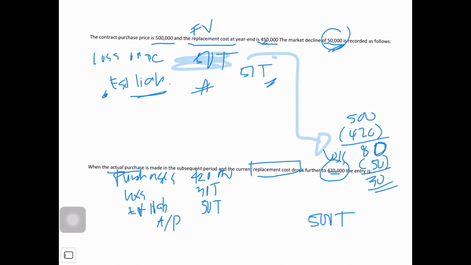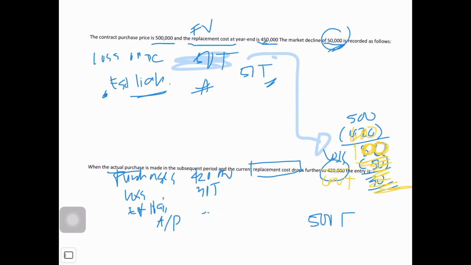However, if ever the price becomes 600, so 500 minus 600, how much?